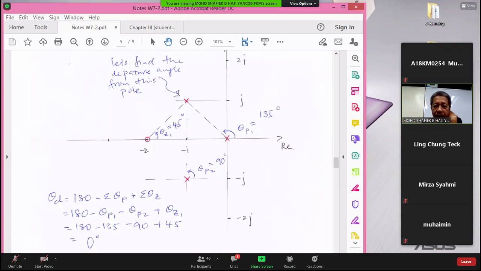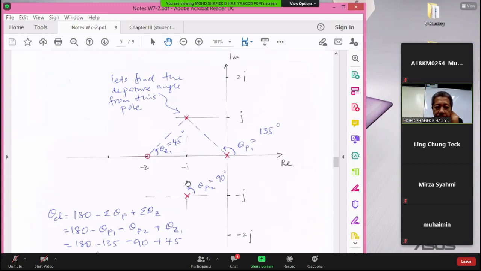Let's say we want to find the departure angle from our first pole. We have two other poles, so we compute the angle from the other poles: theta P1 is 135, and theta P2 is equal to 90.